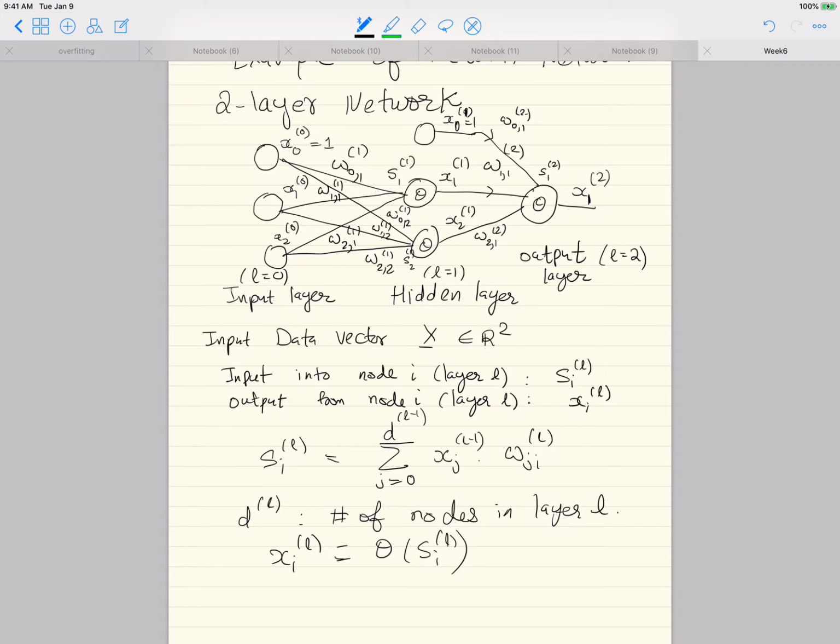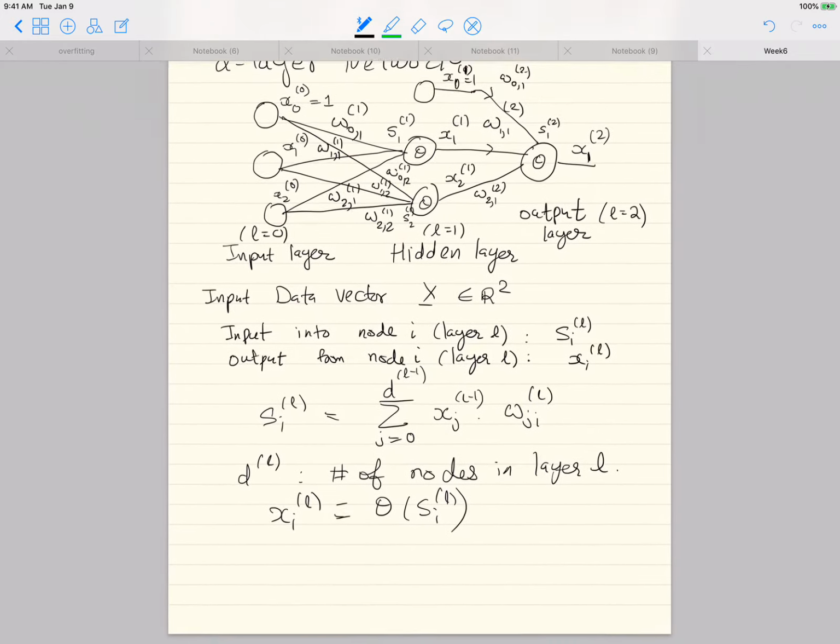You have the two values that go in here. This is just the bias term. You use this relationship to calculate the values that are outputted from the hidden layer. Then you use again this relationship to compute the value at the output layer in this two-layer network. So once you have the input and the weights, you can compute the output in this particular way. This is the forward computation that was discussed last week.